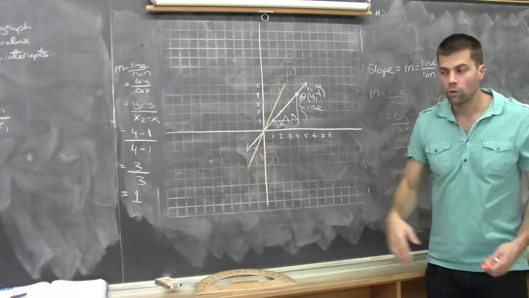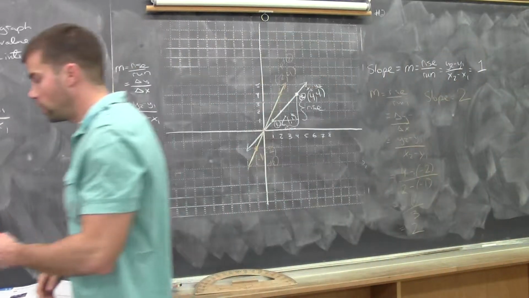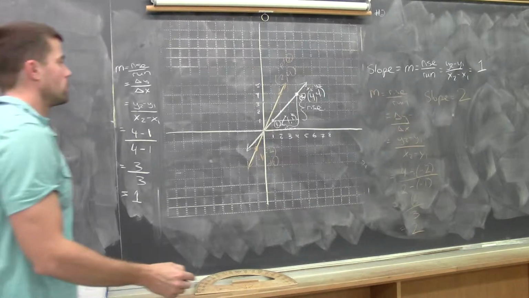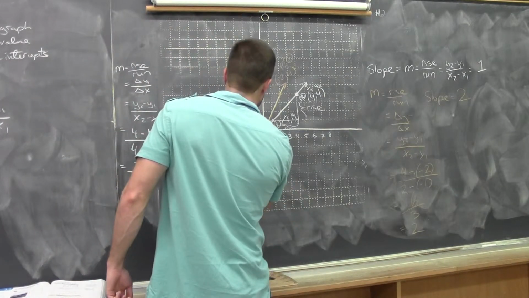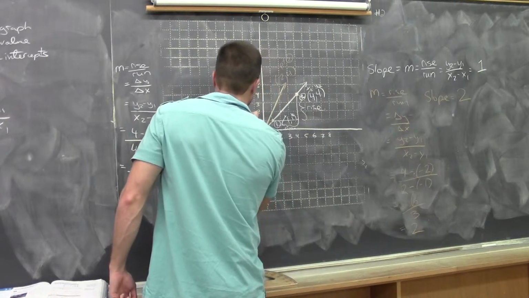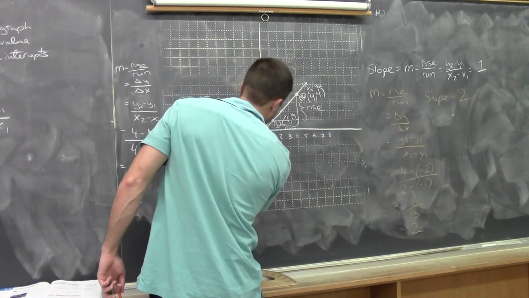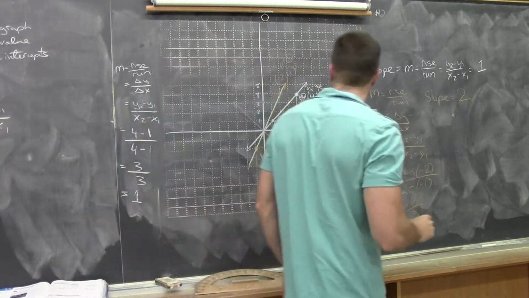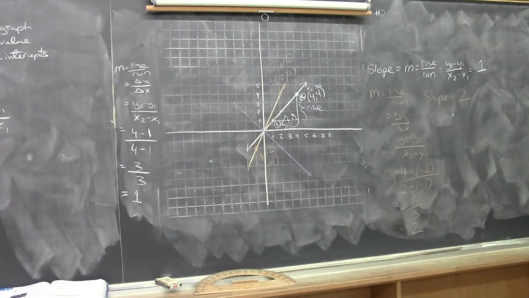Who can tell me what a slope of this color might look like? What that slope might be?